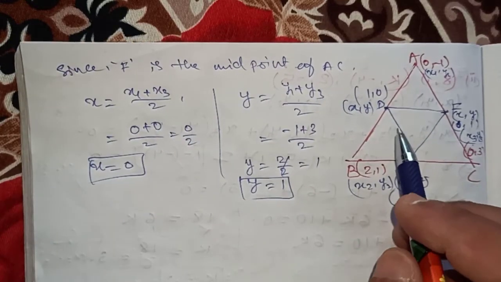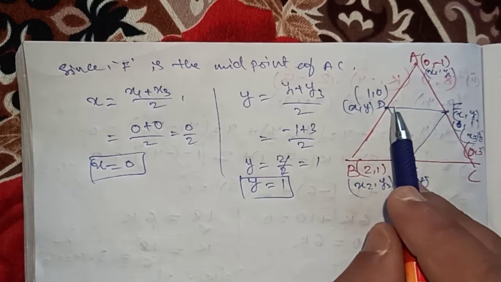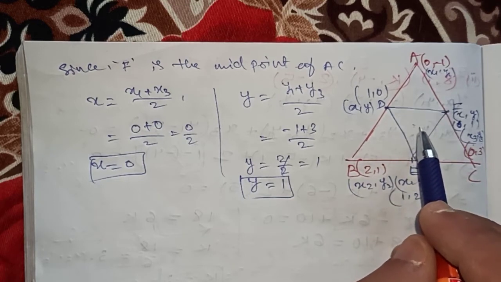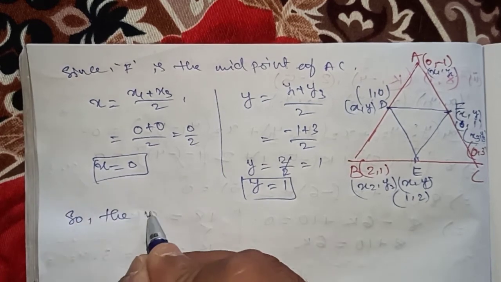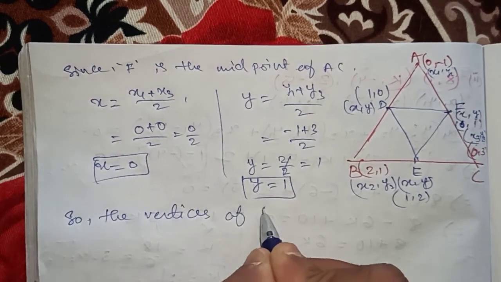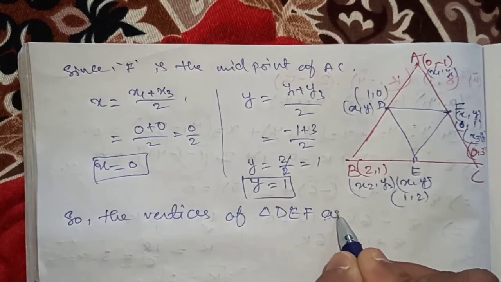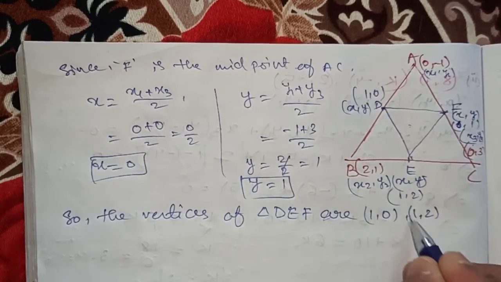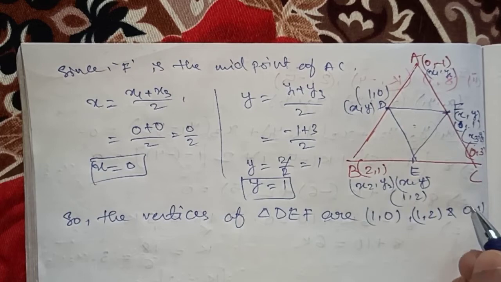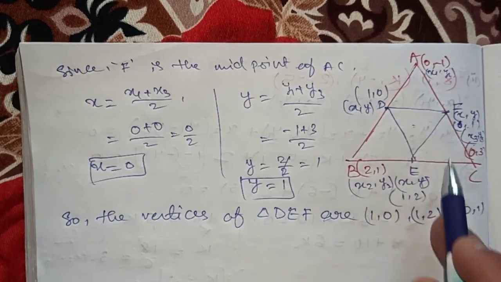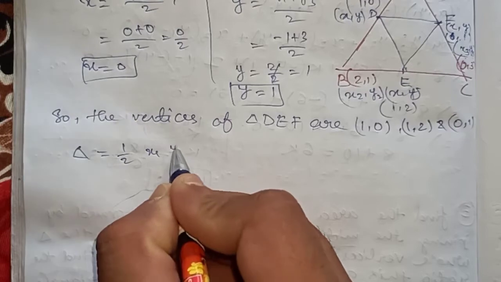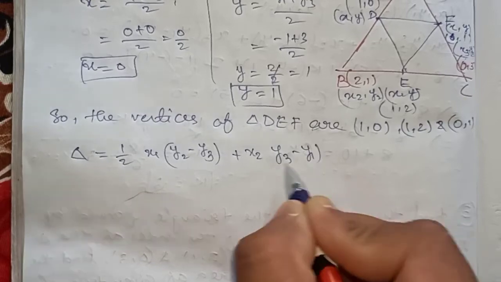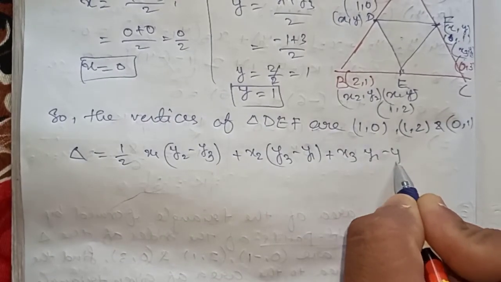Okay, as we got all three coordinates of the smaller triangle DEF, we can find the area of this central triangle. The vertices of triangle DEF are (1, 0), (1, 2) and (0, 1). The area A equals half times [x1 (y2 minus y3) plus x2 (y3 minus y1) plus x3 (y1 minus y2)].